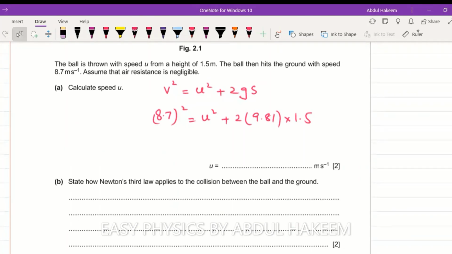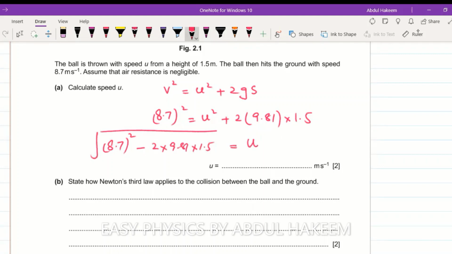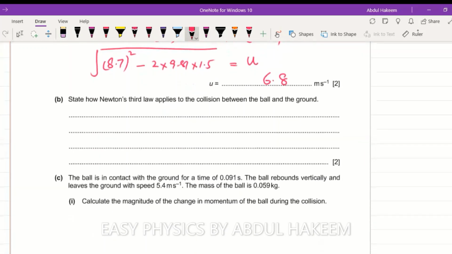So u is the square root of 8.7 square minus 2 times 9.81 times 1.5, because this is u square. So you have to take the square root, and then after the calculation, the answer comes 6.8 meter per second.